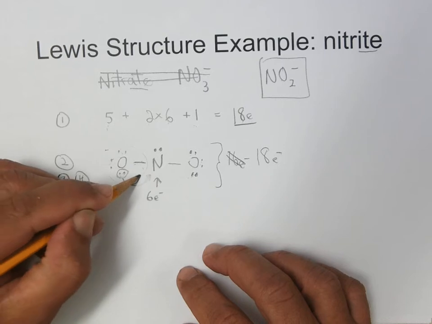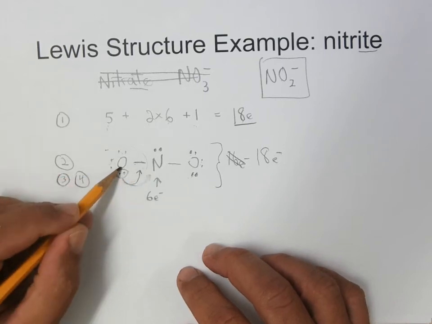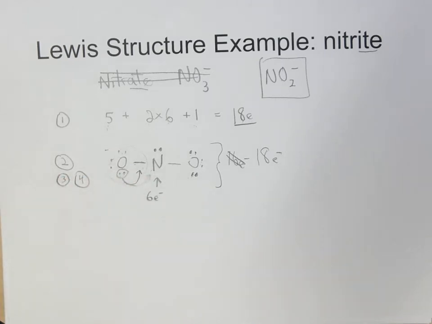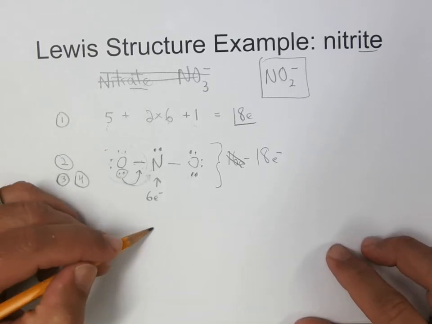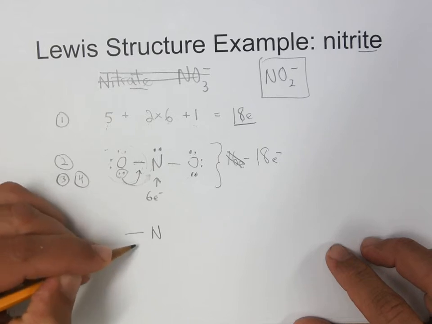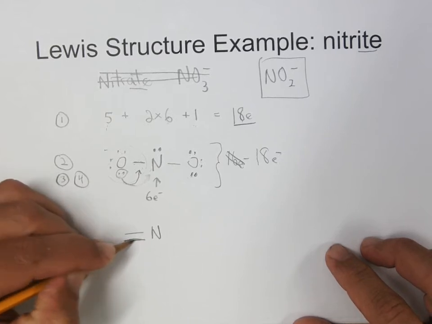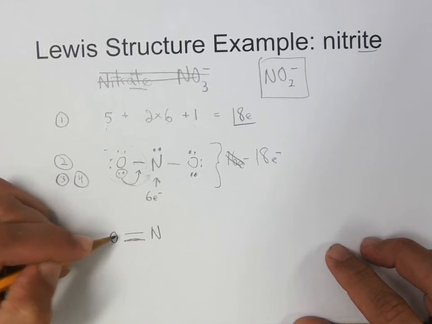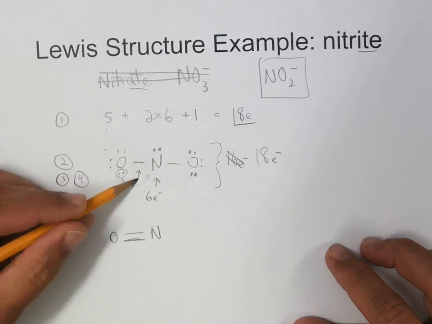But this pair of electrons is now going to form a bond between the nitrogen and the oxygen. A lot of times I like to use intelligent color. I'll have different color markers on the board or different color pens on the paper so that I can show that this new bond is formed from these electrons moving over there.